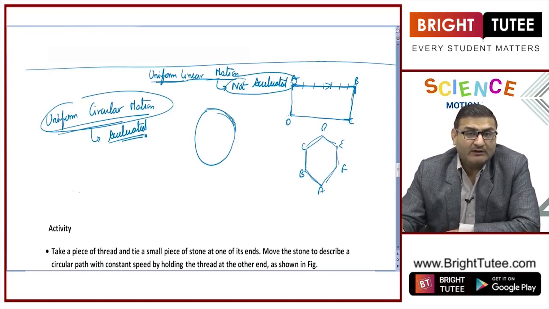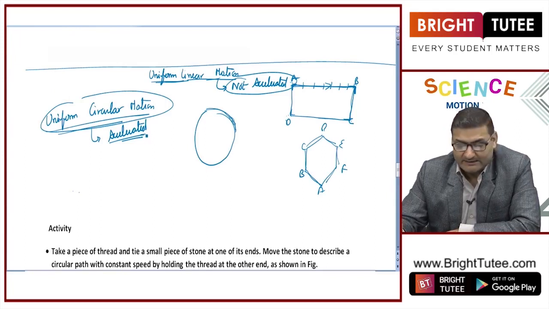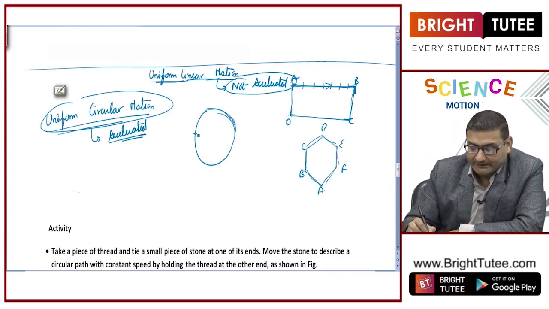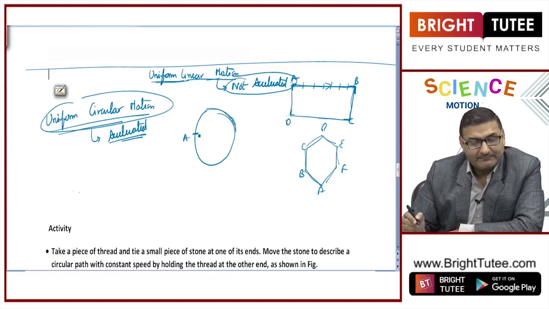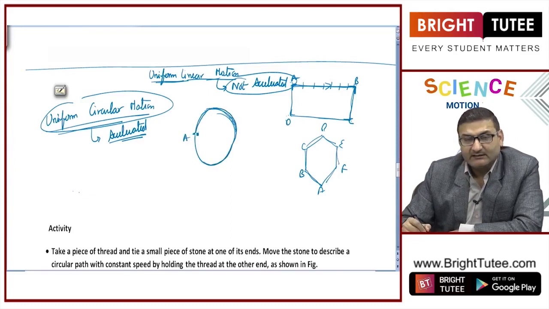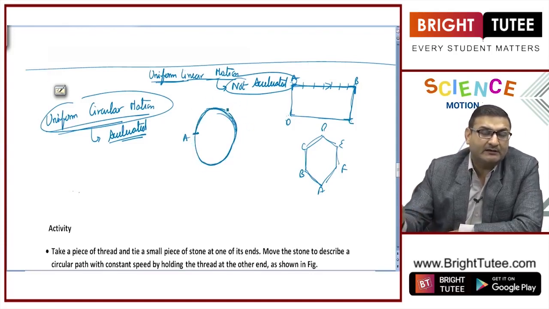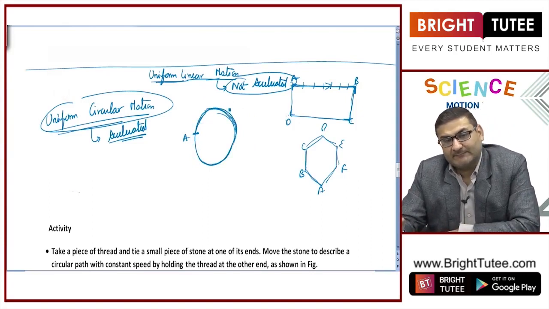When we talk about uniform circular motion, we are saying that from any point in time, at any place, let us say from A, if the body covers this particular distance initially in 1 hour, then again it goes the same path in another 1 hour and again in 1 hour. So equal distances are being covered in equal intervals of time.